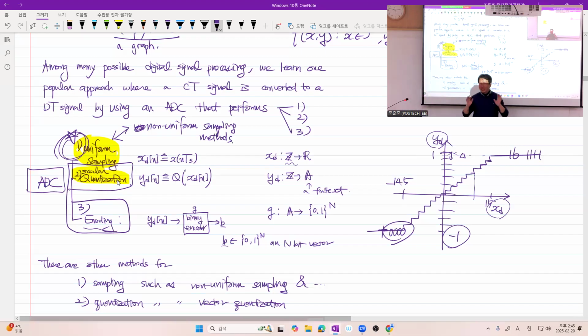However, that topic is much more advanced than uniform sampling. So in our conversion from continuous time to discrete time, we will have only one sampling period. Got it? And another point is that, again, many of the undergraduate level textbooks just say we have a quantizer. They rarely say we have a scalar quantizer. But I put the adjective. Why? Because there are vector quantizers.